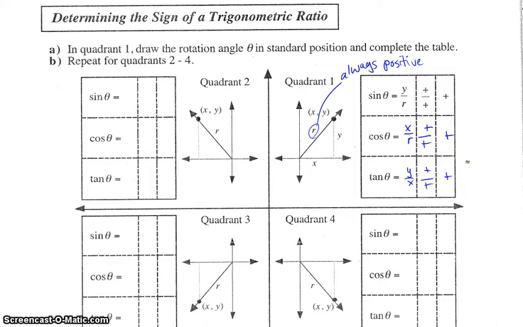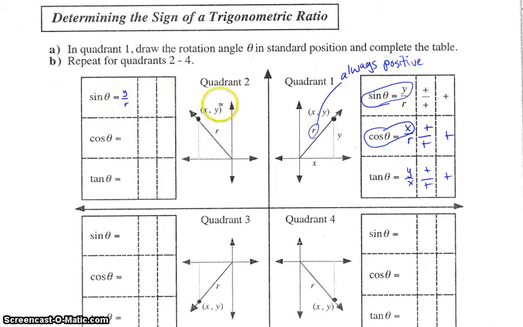Okay, but again, just think about what quadrant you're in and whether x, which is related to cos, and r is always positive, and sine, which is related to y, and again r is always positive, what sign those would be. So over here, sine, which is y over r, and r is always positive, right?